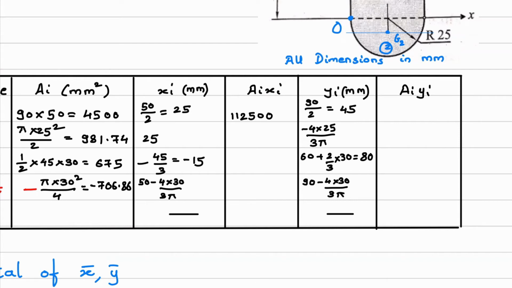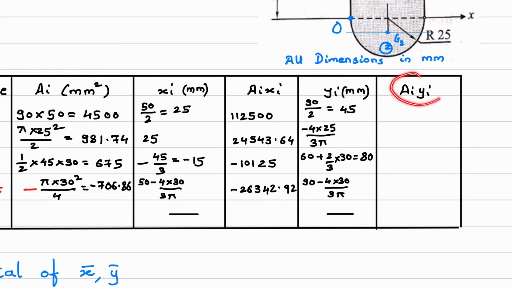Figure 2, it is 24543.64. For figure 3, it will be minus 10125. For figure 4, this is minus 26342.92.